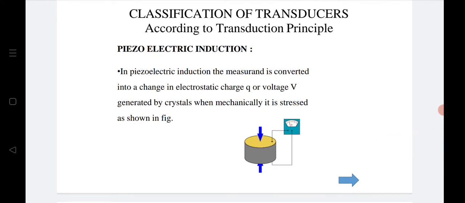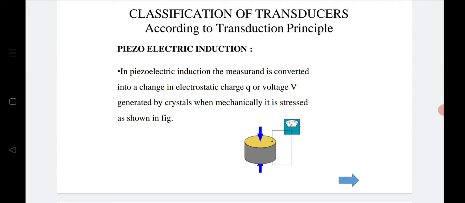The next type of transduction is piezoelectric induction. In piezoelectric induction, the measured quantity is converted into a change in electrostatic charge Q or voltage V generated by a crystal when it is mechanically stressed. If I press the piezoelectric transducer mechanically, the output is a change in electrostatic charge Q or voltage V generated by the crystal.